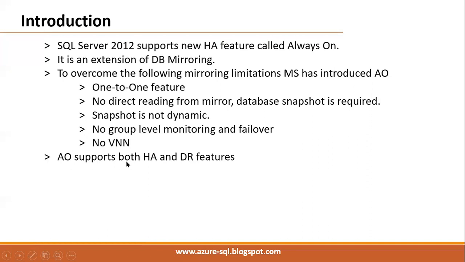Now Always On supports both HA and DR features. HA means high availability features, which are used to minimize downtime, whereas DR means disaster recovery features, which are used to avoid data loss scenarios. Why?